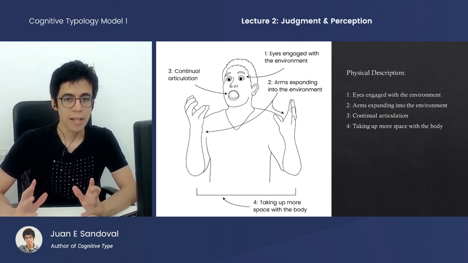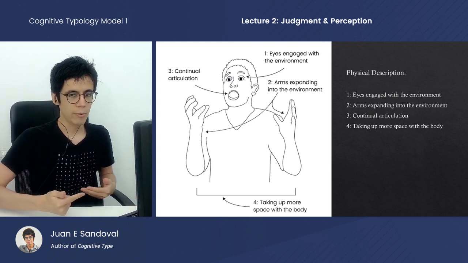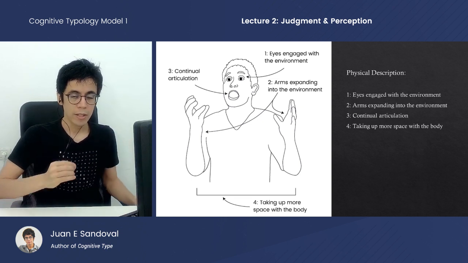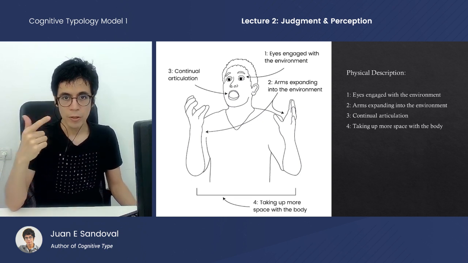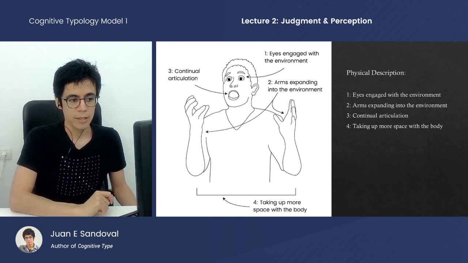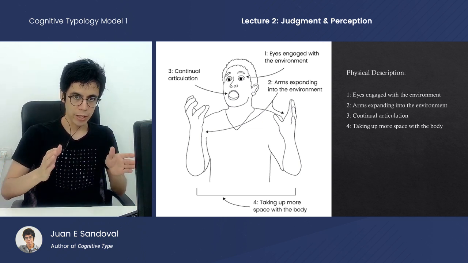And in general, the body tends to take up less space around it. And in saying that, the opposite would be extroversion. So invert that all around, and you say extroversion would be eyes engaged with the environment, tracking things, noticing things and responding visually to those things, arms expanding into the environment, so articulating.